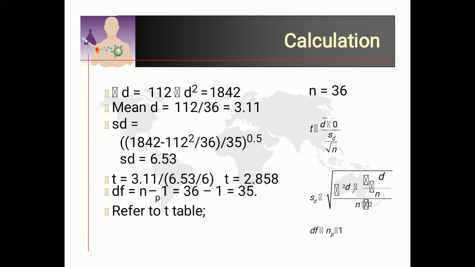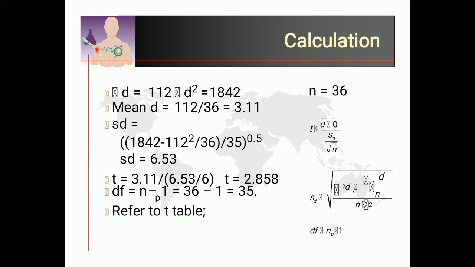Now let us go through the calculation part of this type of test. Sigma D is 112, and sigma D square is 1842, meaning the total of D square.